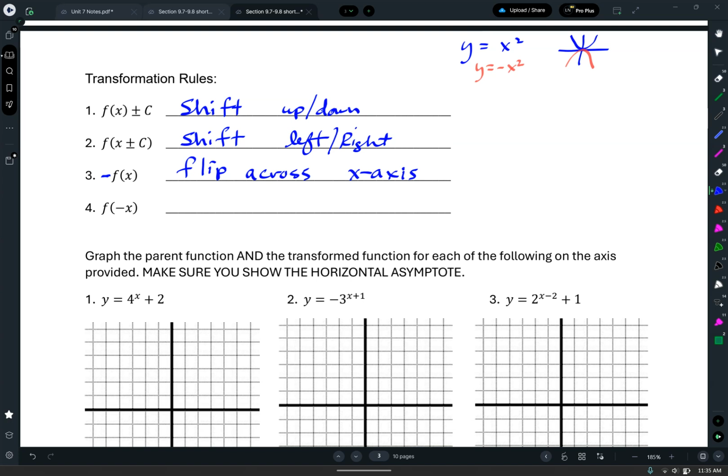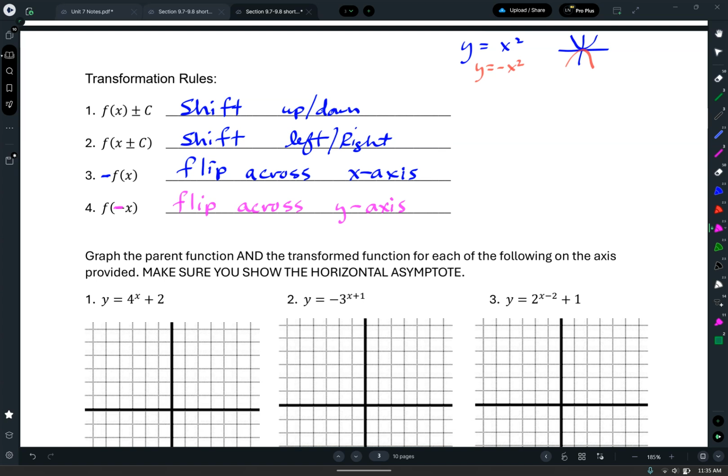And finally, we're going to add one that I don't think we've talked about yet, so I'll put this one in a different color because this one's kind of new. What if the negative is not out in front, but what if it's just on the x? Wherever the x might be, what if the negative is just on the x? Well, in that case, it doesn't flip across the x-axis, but what would you speculate? It's going to flip across the y-axis.